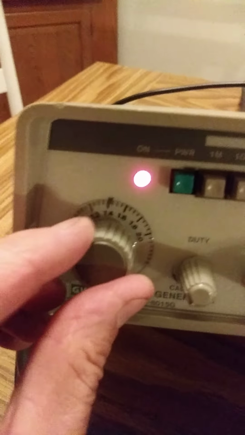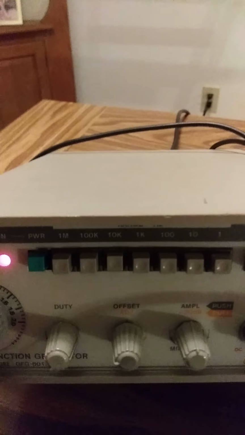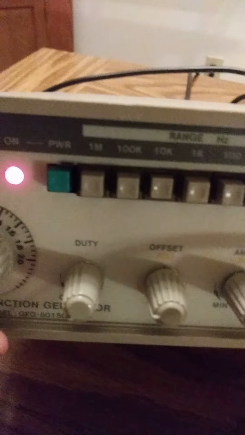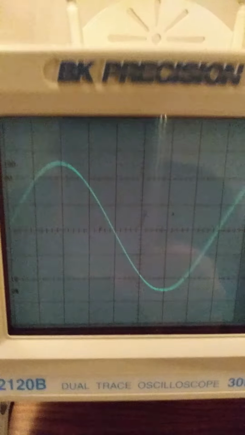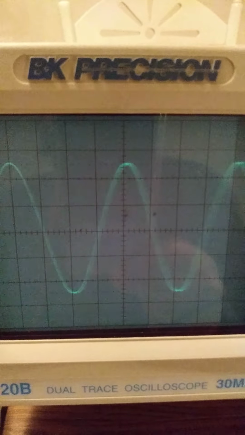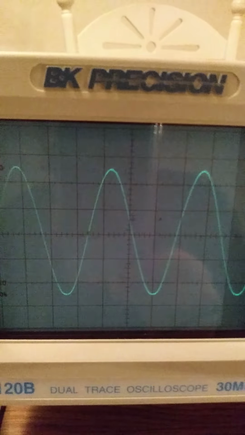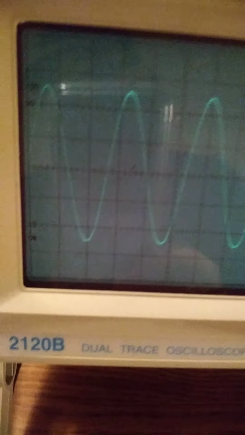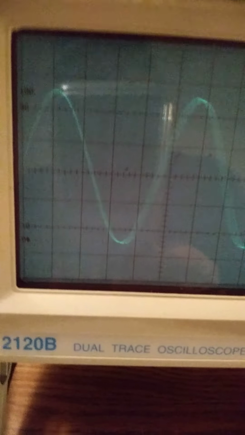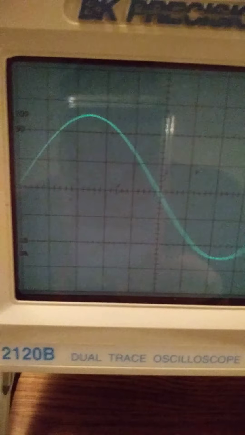Whatever value is on the knob gets multiplied by the multiplier. Right now I have this on 10,000, so if I increase or decrease the knob left or right, I can increase or decrease the frequency. Increasing the frequency decreases the period, and decreasing the frequency increases the period.